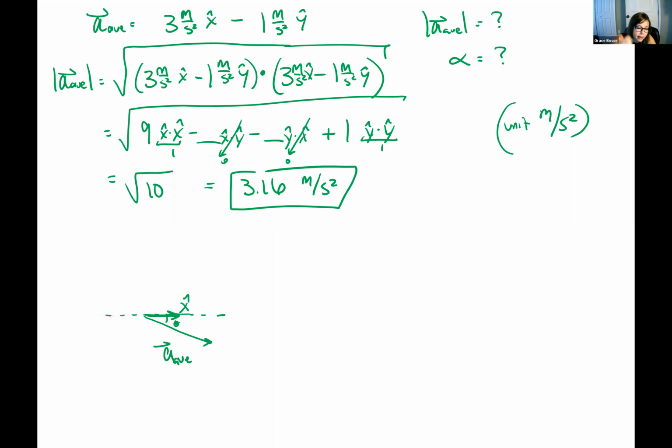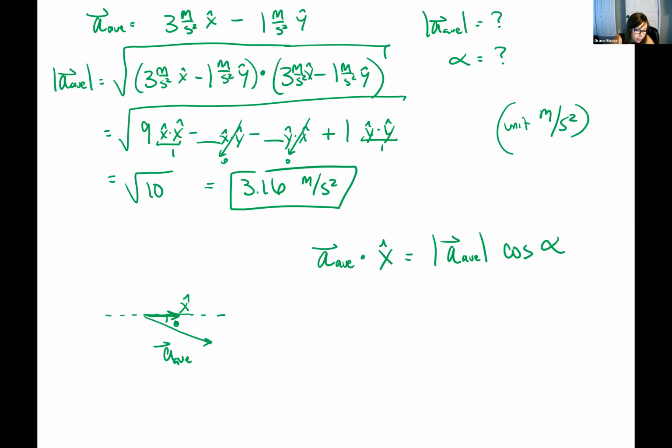So if I want to extract angle alpha, I can dot my vector with that unit vector. And what I get is the norm of my vector, which I just calculated, times cosine alpha. That's kind of a definition. It's given on your equation sheets. You guys have used this over and over again.